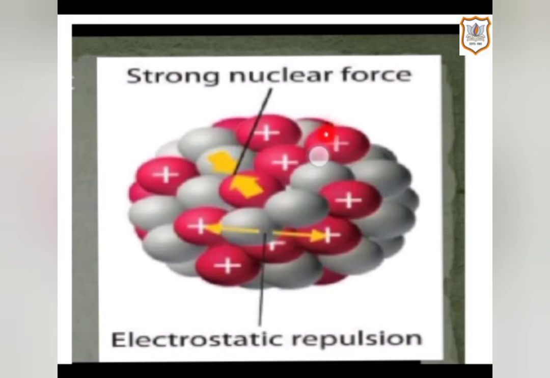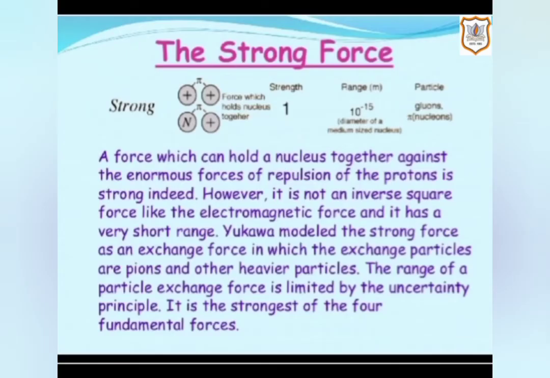Now the proton repulsion which is there should make the nucleus burst, but this does not happen. Why does this not happen? Because this strong nuclear force is more compared to the electrostatic repulsion. So we can say this strong nuclear force is very important to keep the nucleus in its position.